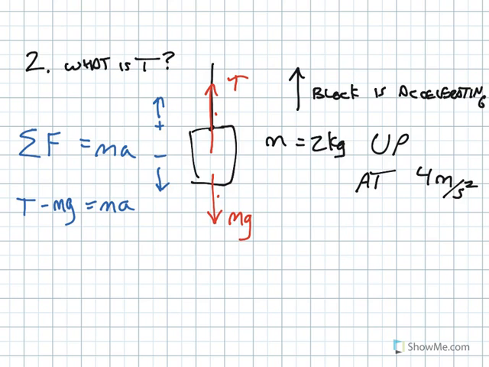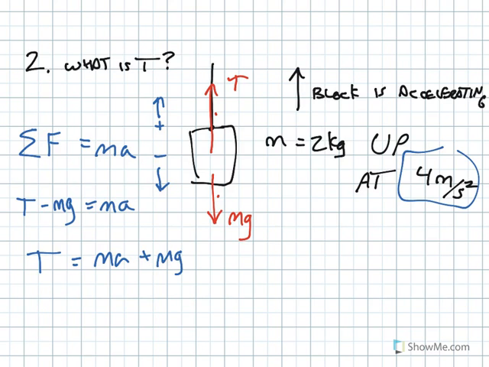It's accelerating up at 4 meters per second squared. So the term on the right here is not 0, so you can't cross it out. Oh my, what do we do then? Algebra. If T minus mg is equal to ma, then T is equal to ma plus mg.